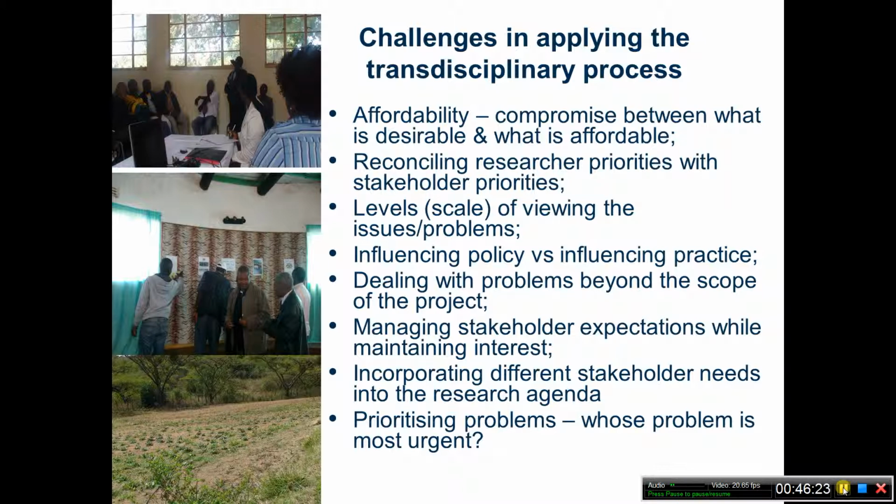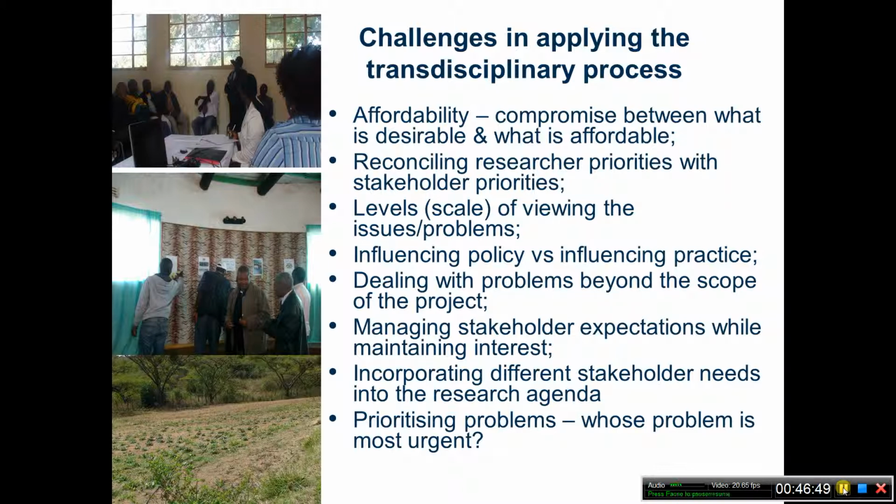The other aspect that had to be dealt with was influencing policy versus influencing practice, because it's expensive to engage with everybody to the same level. For instance, engaging with the provincial level versus engaging effectively with stakeholders at the local level.